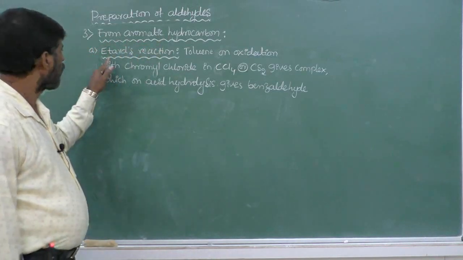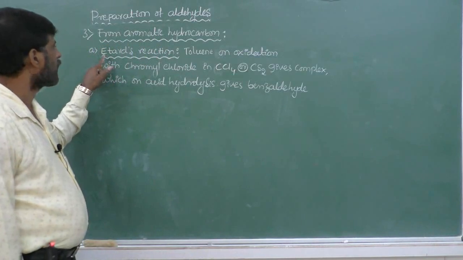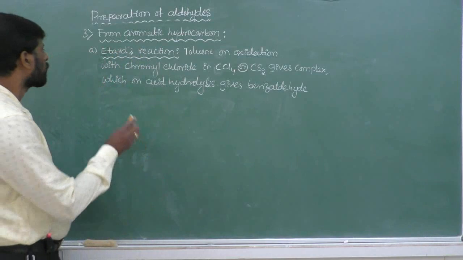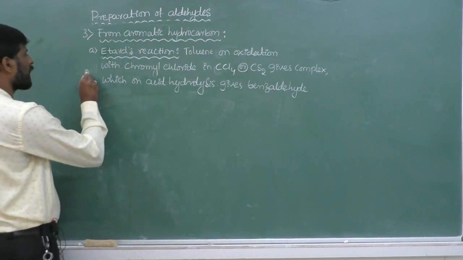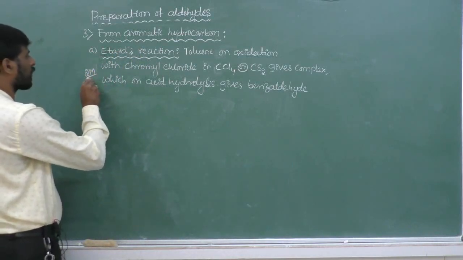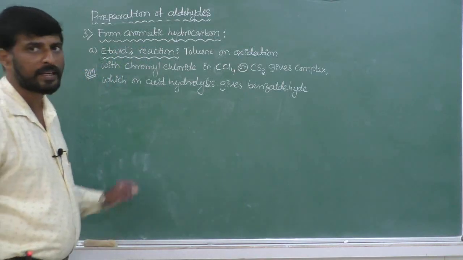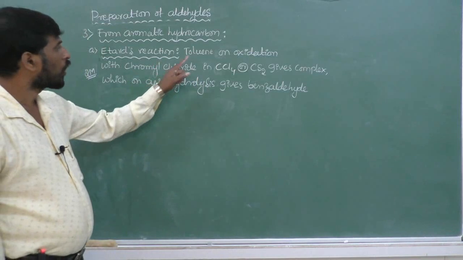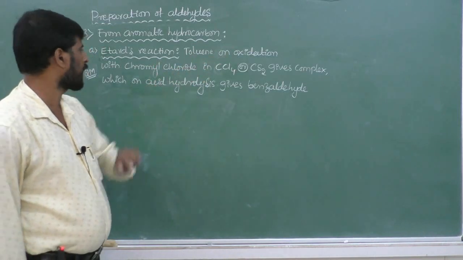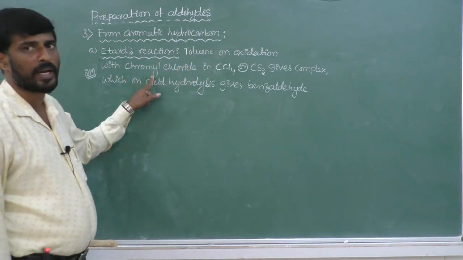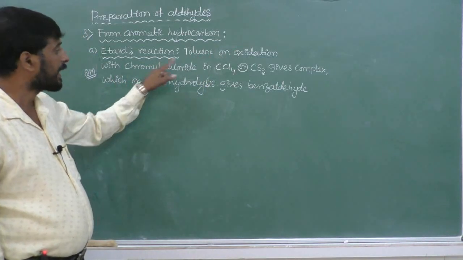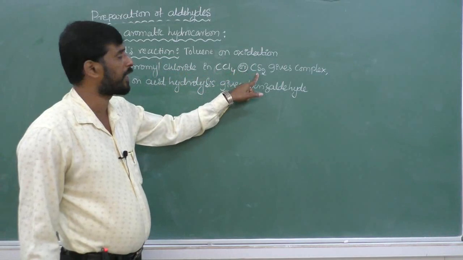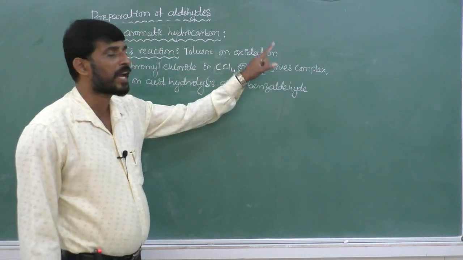In that, one of the very important named reactions is called the Étard reaction. Please remember, for theory it is a very important 2-mark question: explain the Étard reaction. In this, toluene on oxidation with chromyl chloride, the oxidizing agent, in carbon tetrachloride or carbon disulfide, a solvent, gives a complex.